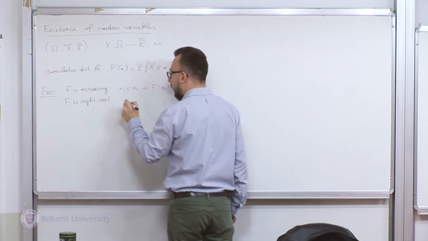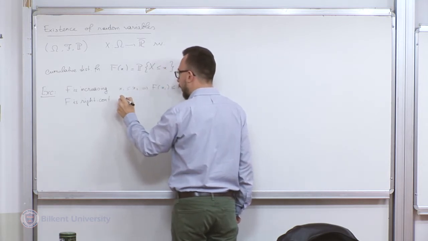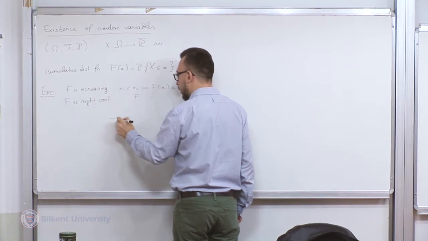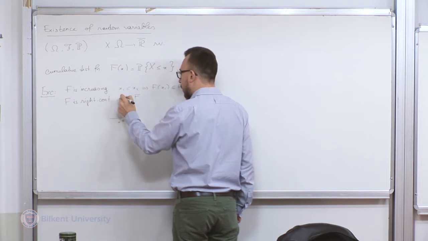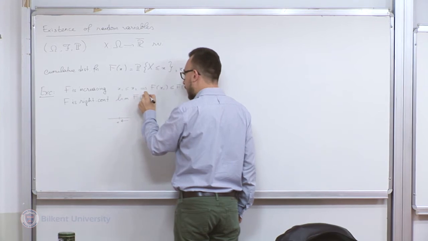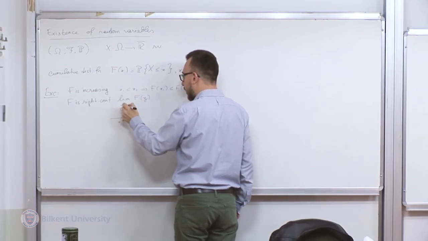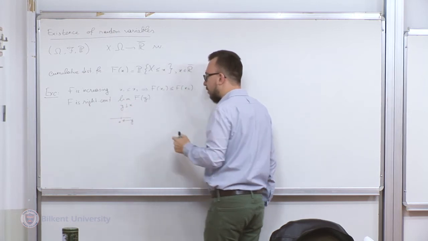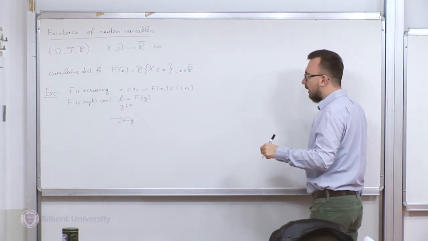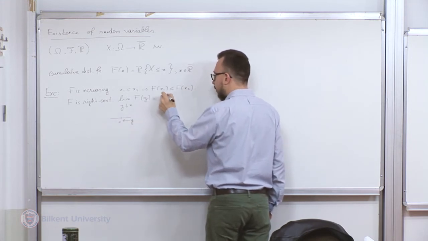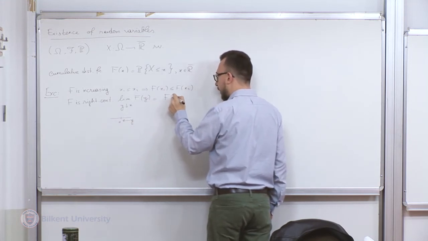So this means that if you approach a point from the right, meaning you look at the right limit of F, as F(y) as y approaches x from the right, so y is going down to x from the right, then this limit is equal to F(x).